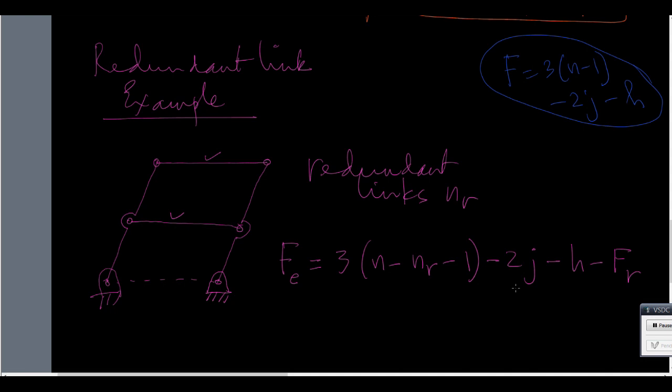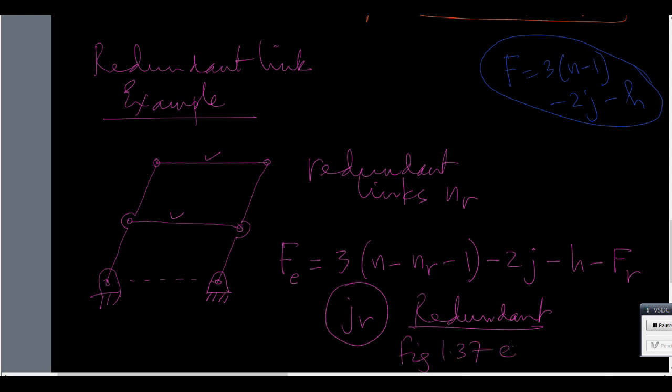There is also an example of a redundant joint, and this I will ask you to read the book, and the system that is given, the example is 1.37E. Okay, that takes care of that.